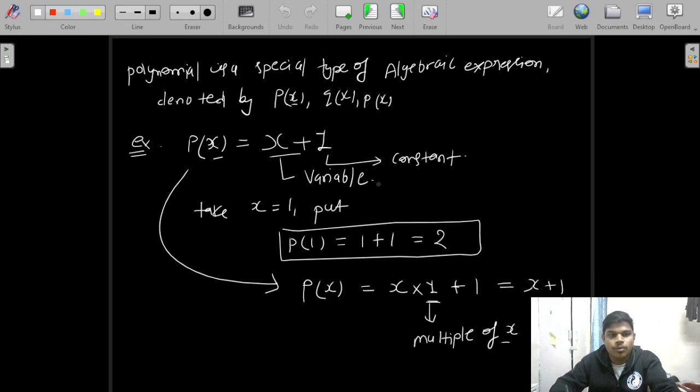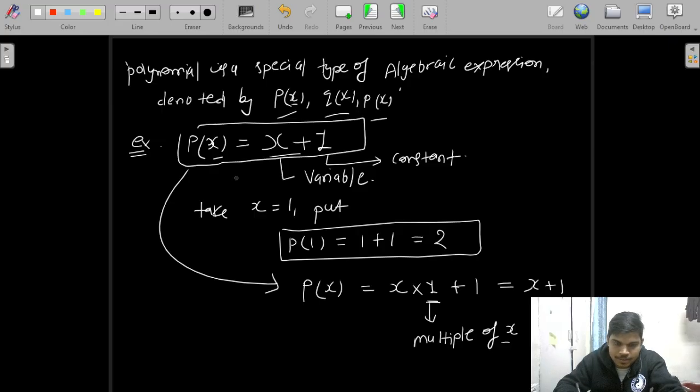Now, for understanding: a polynomial is a special type of algebraic expression denoted by p(x), q(x), r(x), or any alphabetical notation. In the simple example, I have taken p(x) = x + 1. Here x is the variable and 1 is the constant.